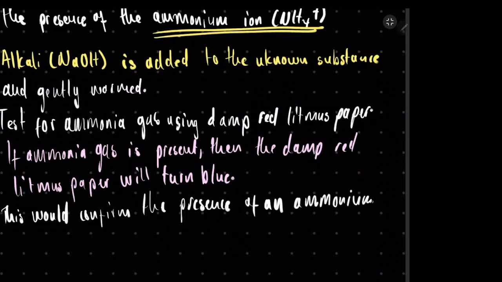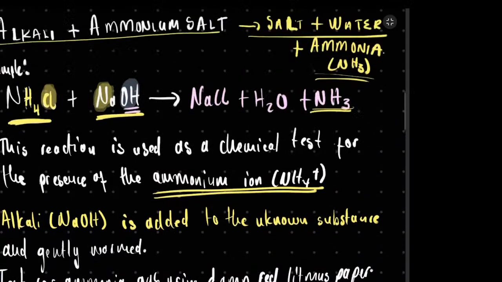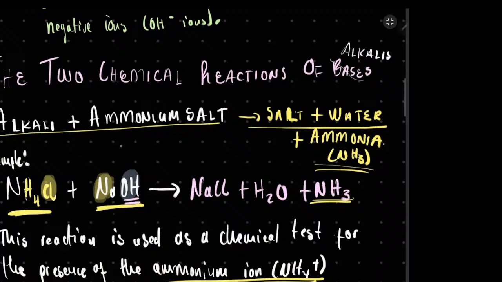If the NH4+ is there, then it must react with any alkali to release ammonia gas. If we see ammonia gas being released, we say, oh, this thing had NH4. Because if it didn't have NH4, it was never going to react with your alkali to give you ammonia.